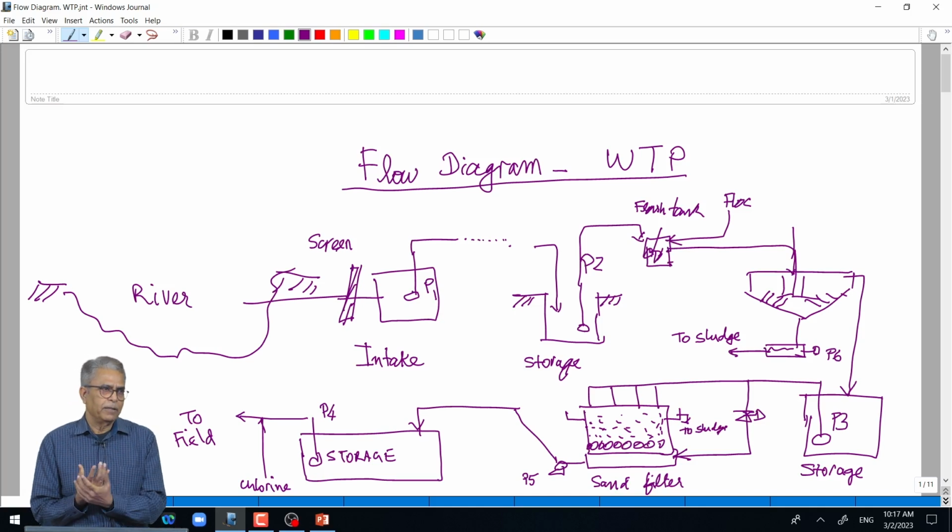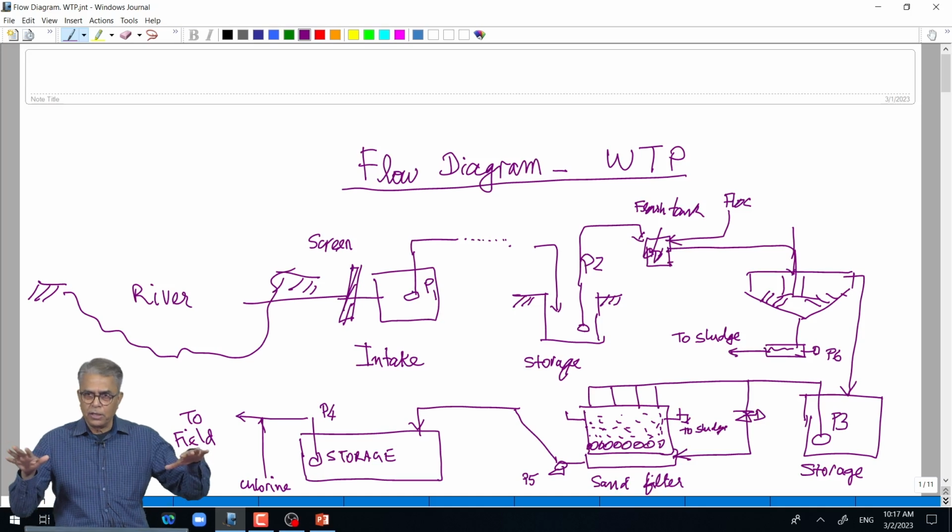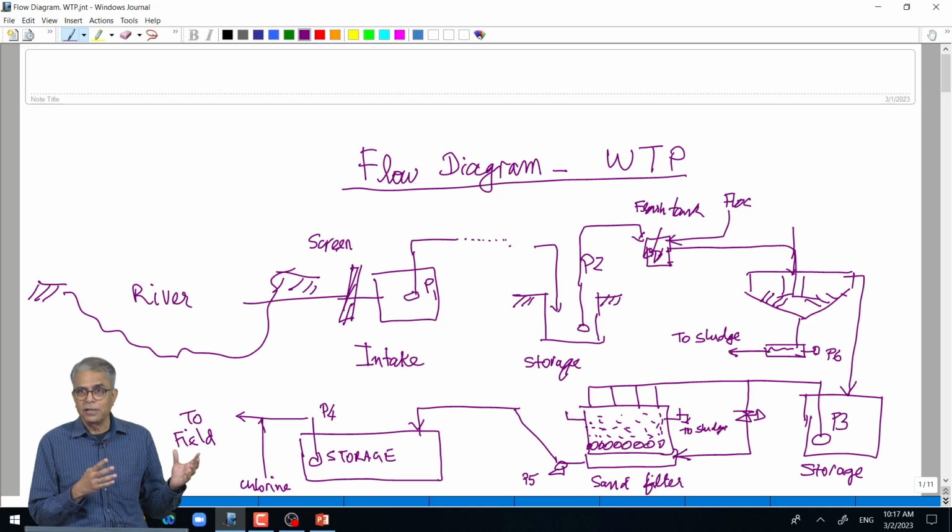These are special substances which can create charge separation in particles, and therefore, the smaller particles will tend to agglomerate. So, you mix that chemical intensively so that it gets distributed, and these are added at 10 ppm levels, parts per million. So, when the water is coming in the MLD range, you have to have thorough mixing, that is the purpose of this flash mixer. So, you mix it up.